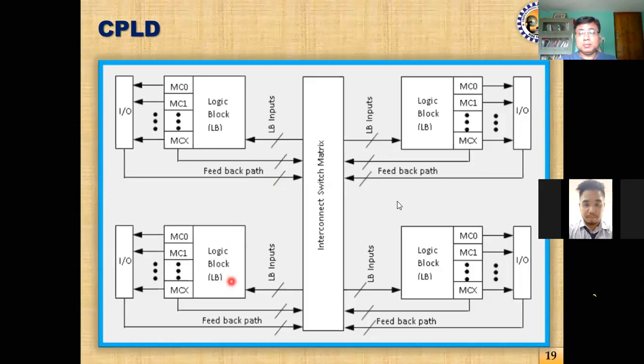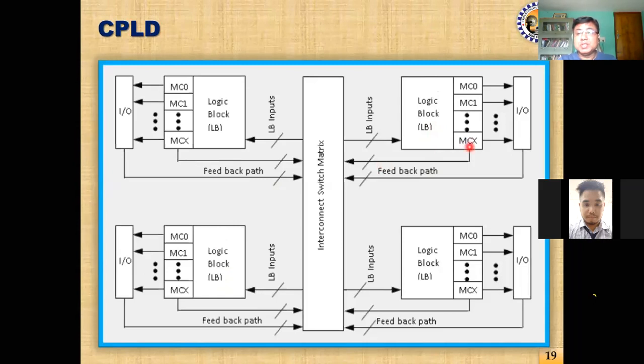Now you see, in PLDs we have seen certain inputs. The other day we saw the PAL16L8, which had a maximum of 16 inputs and a maximum of 8 outputs. These are the inputs, and these are the outputs.